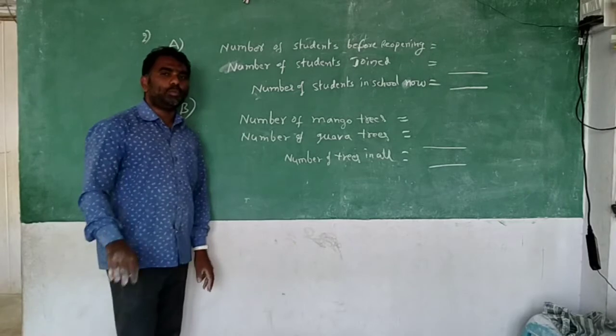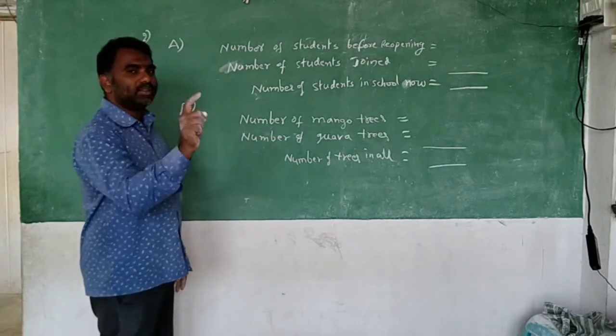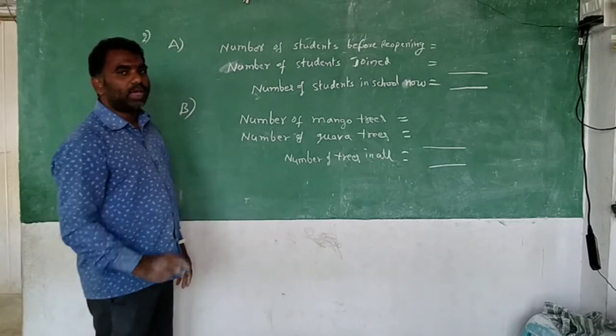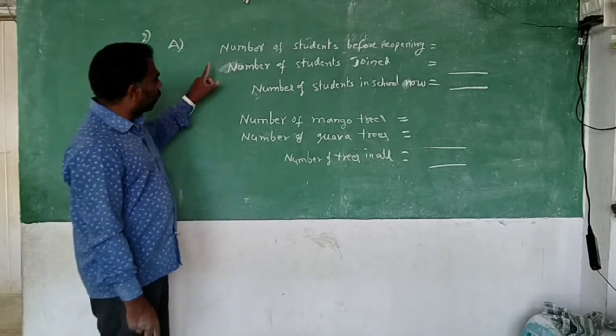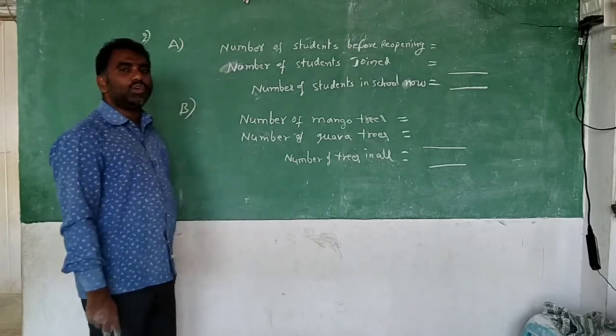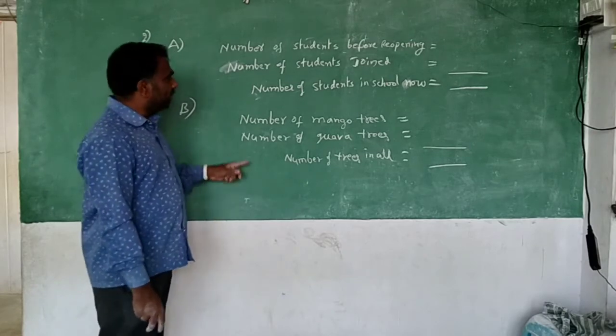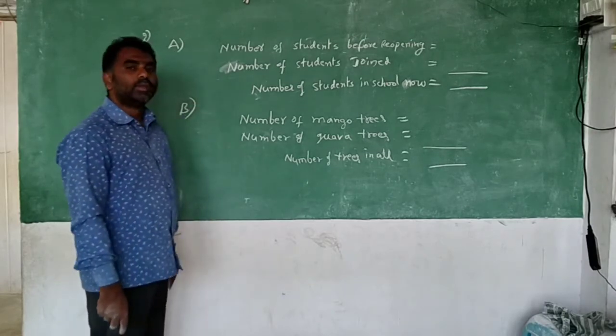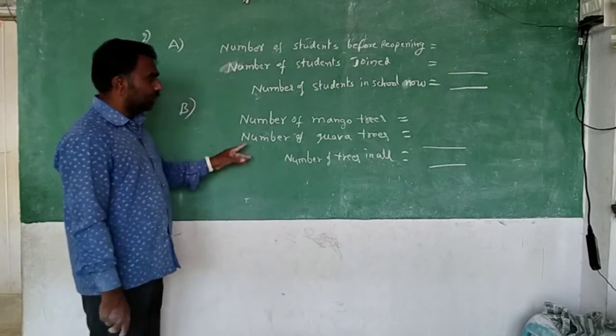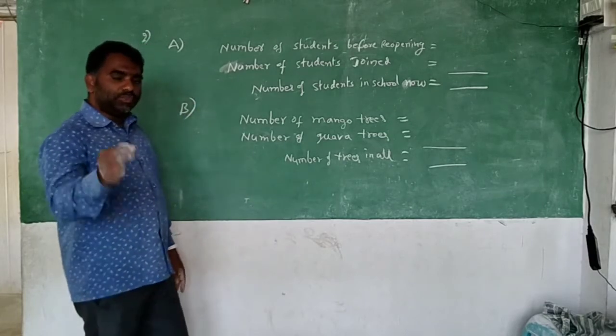Now what to do? Pause the video, please. Just click on that. It will stop there. After stopping that, write all these steps in your notebook. You have the classwork. You copy all these steps.